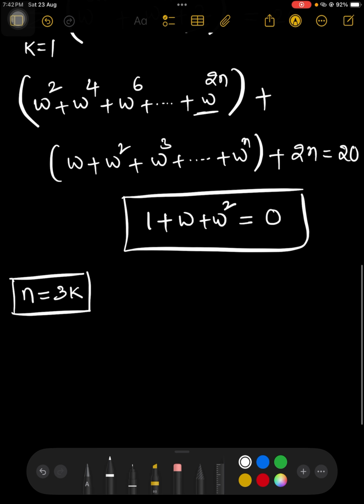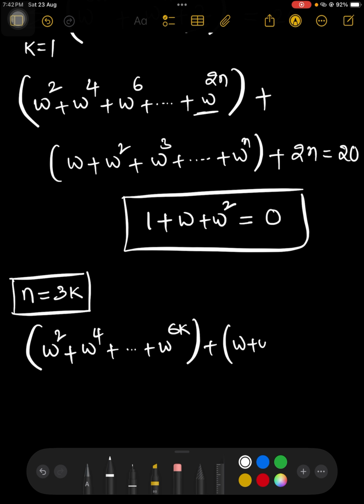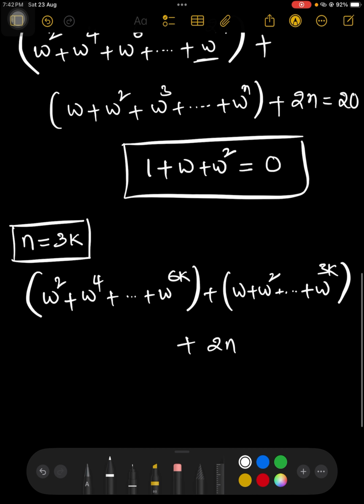So if n is a multiple of 3, that is 3k, then what we will get here is omega square plus omega power 4 and so on up to omega power 6k, plus omega plus omega square and so on up to omega power 3k, plus 2n equals 20. If you observe this clearly, it's a multiple of 3, so clearly it's a sum of three quantities like 1 plus omega plus omega square equal to 0.